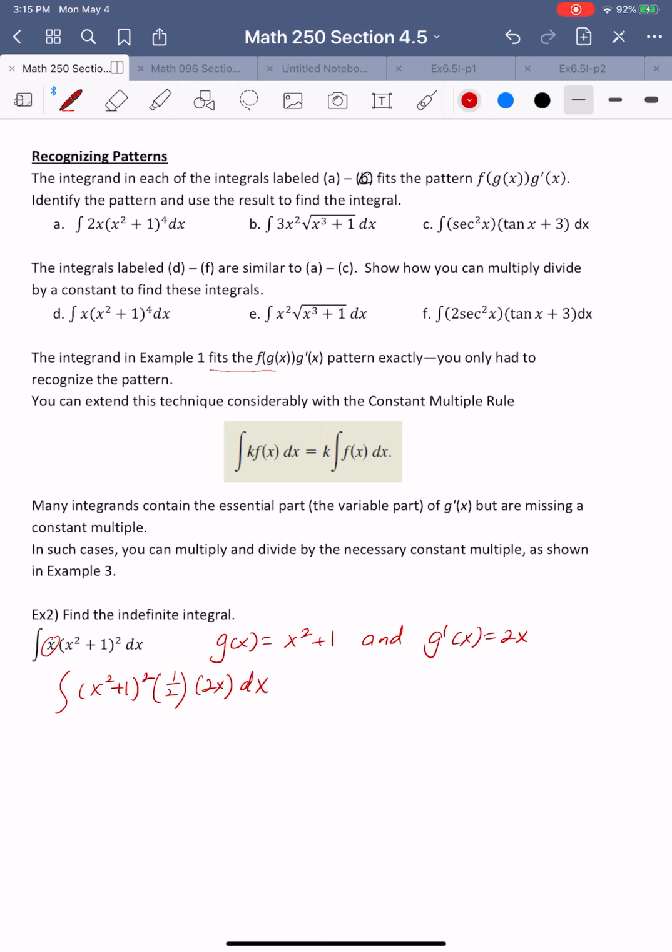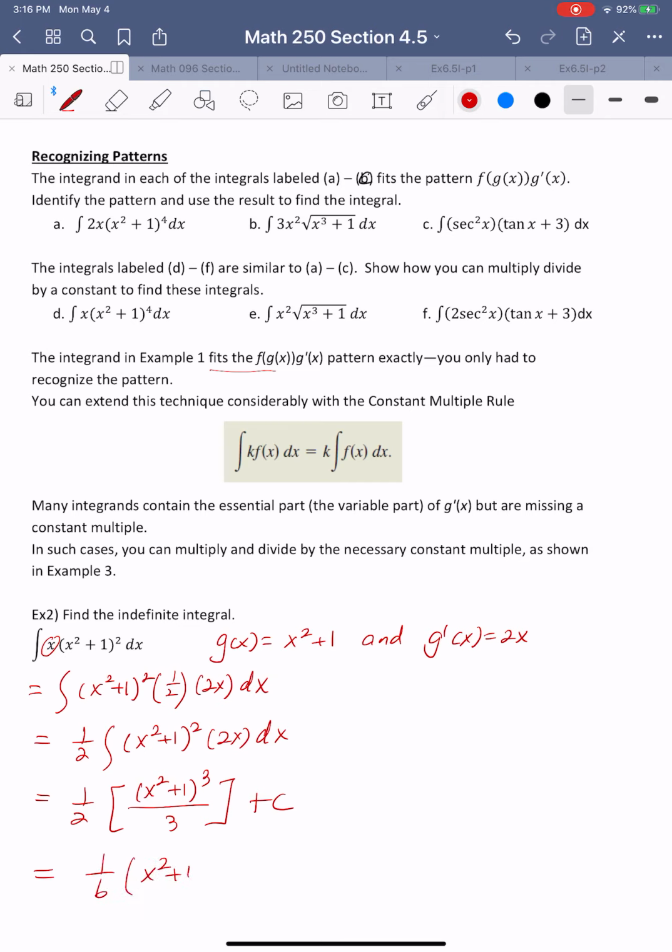In order to do that, I can pull out the 1/2, because this cancels out to go back to the original problem. So you have x squared plus 1 square and 2x dx. Then I have 1/2 of, and this whole thing becomes x squared plus 1 cubed over 3 plus c, and then you get 1/6 of x squared plus 1 cubed plus c.